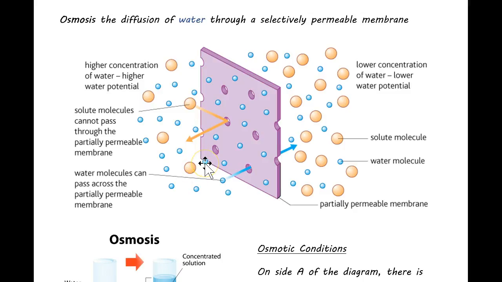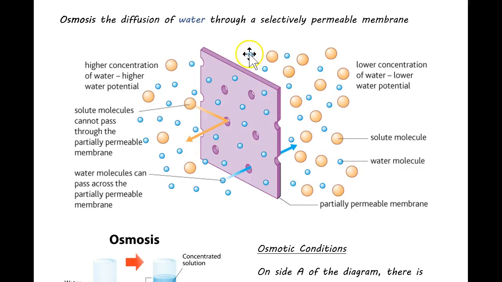So what that means to us is if we have a low concentration of the solute here, we're going to have more water molecules. If we have more of the concentration of the solute here, we're going to have less water molecules. And visually we can see this.